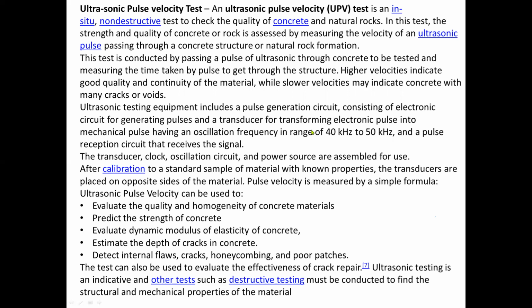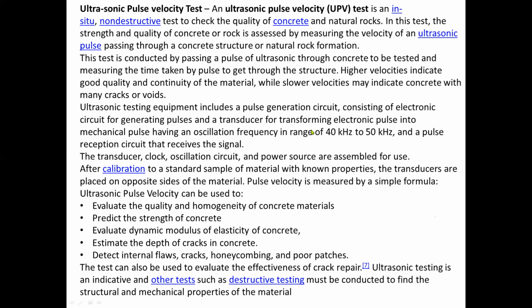Higher velocities indicate good quality and continuity of the material, while slower velocities may indicate concrete with many cracks or voids. Ultrasonic testing equipment includes a pulse generation circuit consisting of an electronic circuit for generating pulses and a transducer for transforming the electronic pulse into a mechanical pulse having an oscillation frequency in the range of 40 kHz to 50 kHz, and a pulse reception circuit that receives the signal.